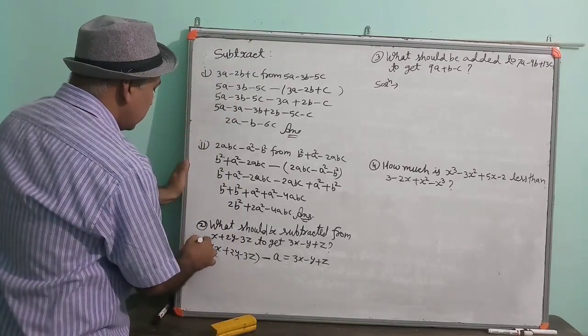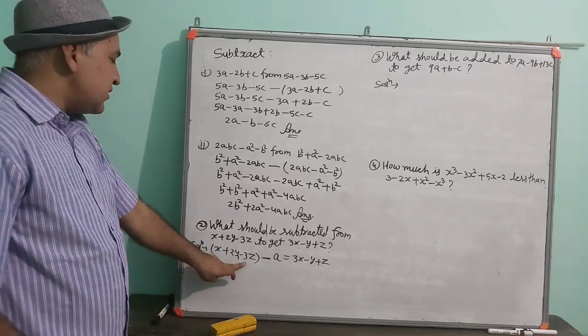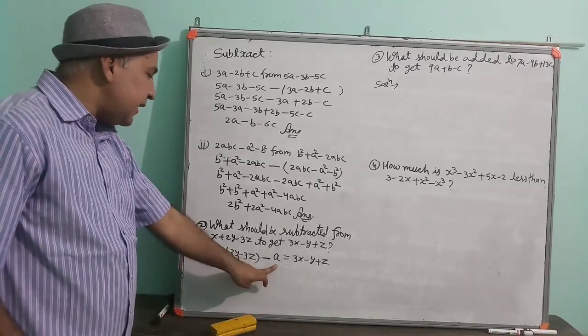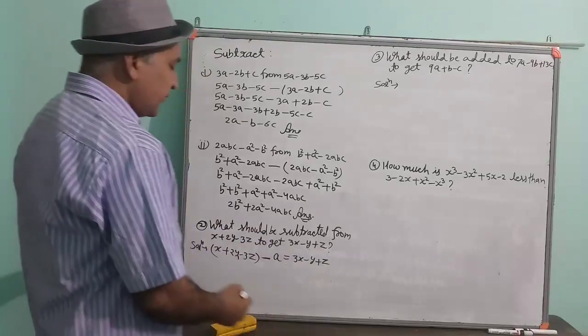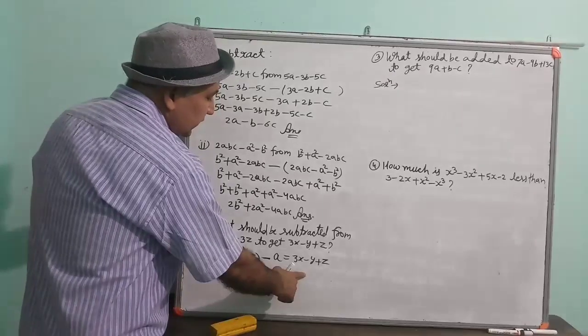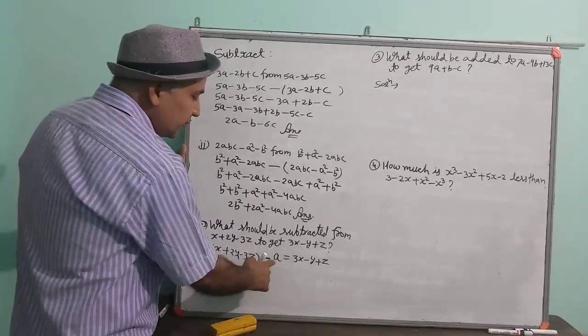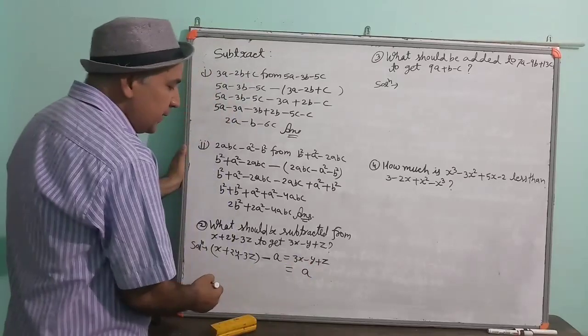Understood? From x plus 2y minus 3z, we are subtracting a so that we can get 3x minus y plus z. Now, this a is negative; transferred to the right hand side, it will become positive. When a is transferred to the right hand side, it will become plus a.